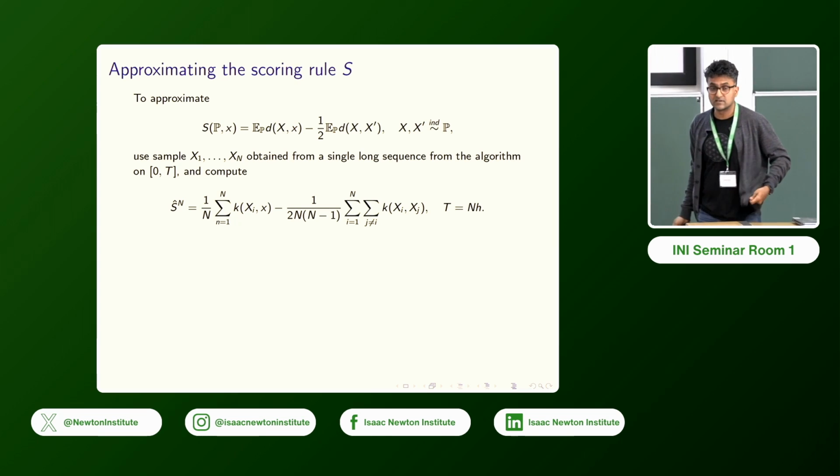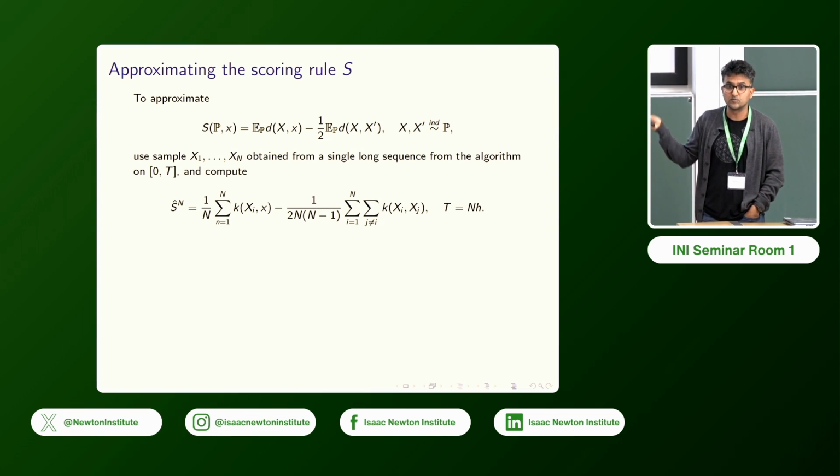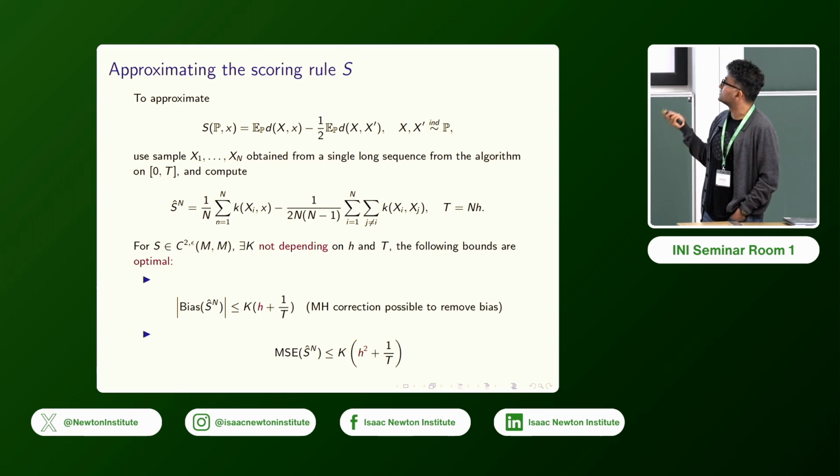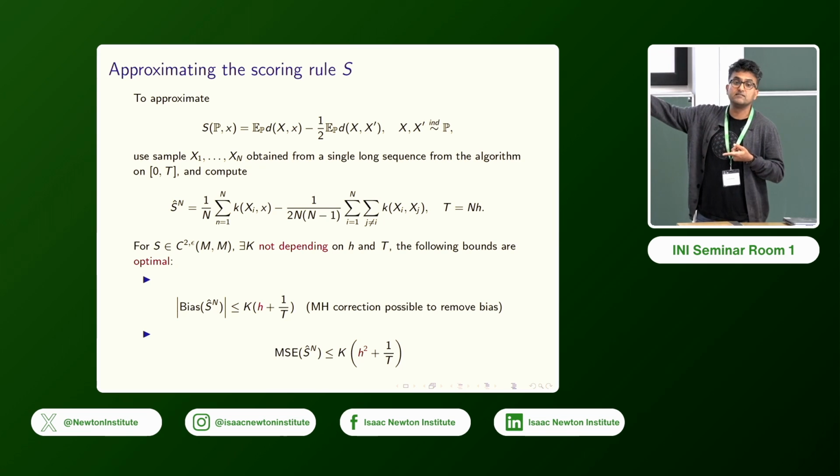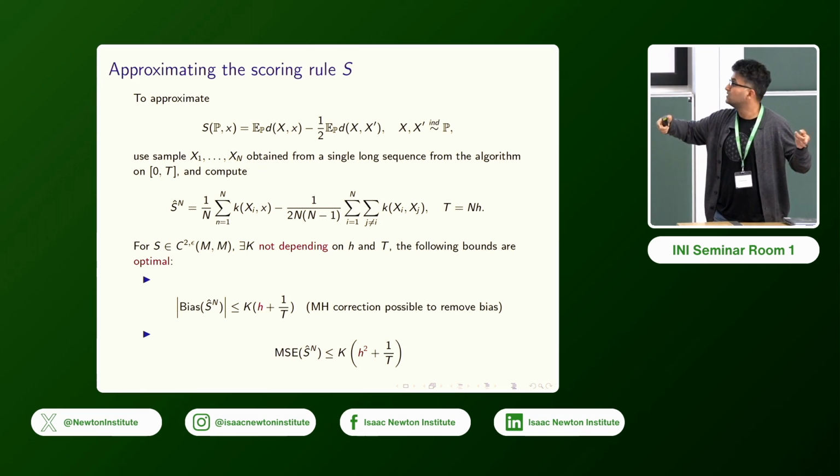Use the samples, construct the usual U statistic to approximate the score based on sums. And because of the properties of the algorithm, you can give some guarantees. You can give an optimal bound in terms of the step size h and the time t, which is actually the number n times h, the sample size times h.